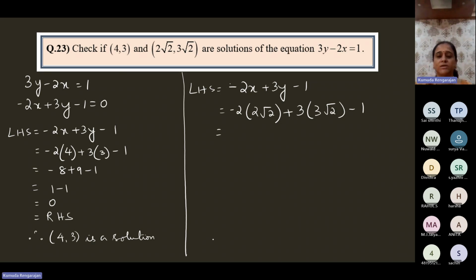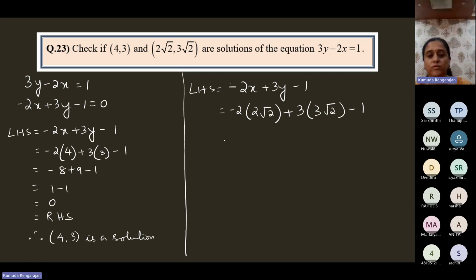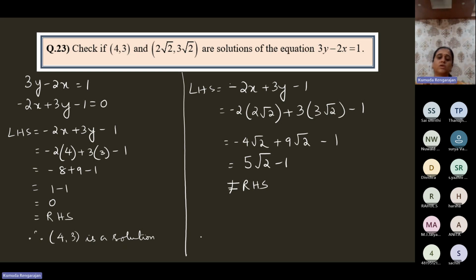What is minus 2 into 2 root 2? 2 into 2, 4. So minus 4 root 2. Here 3 into 3, 9 root 2, minus 1. So 9 root 2 minus 4 root 2 is 5 root 2. 5 root 2 minus 1, which is not equal to the RHS.